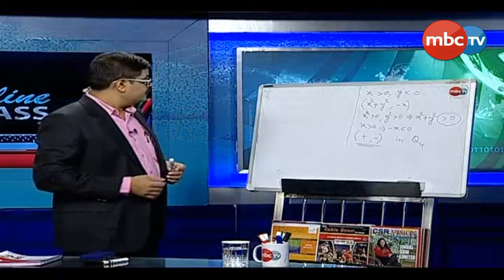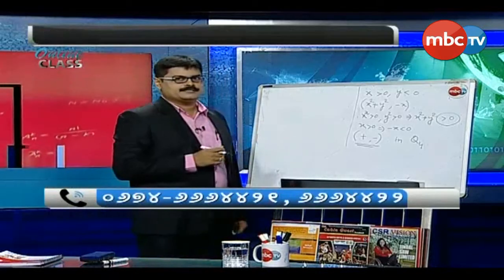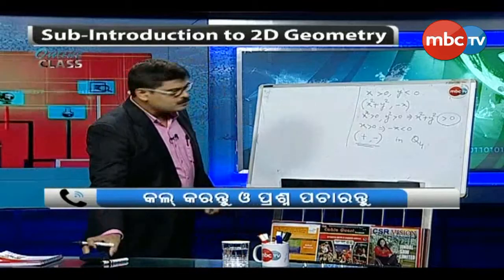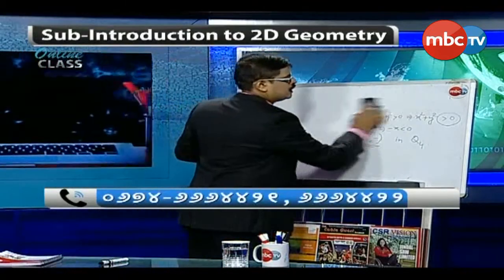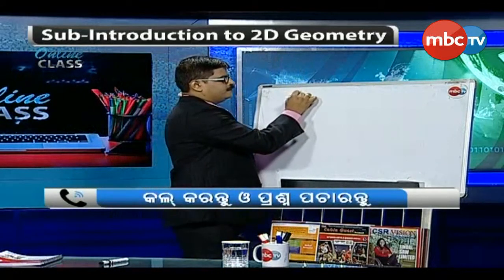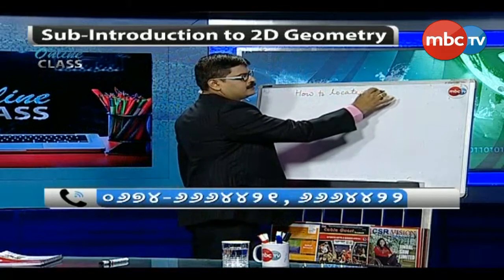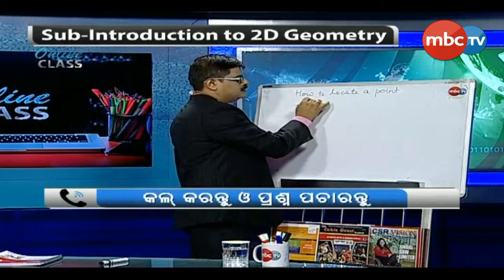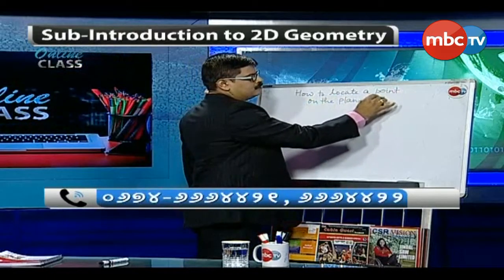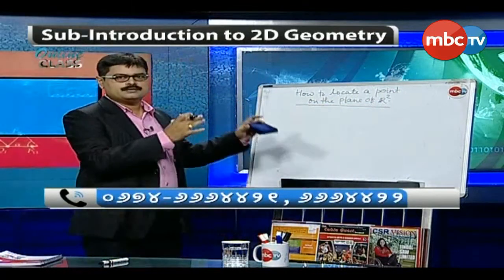Welcome back, students. So, we are discussing the signs of coordinates in different quadrants. Now, let us move to how to locate a point in 2D. How to locate a point on the plane of R square, meaning the Cartesian plane.